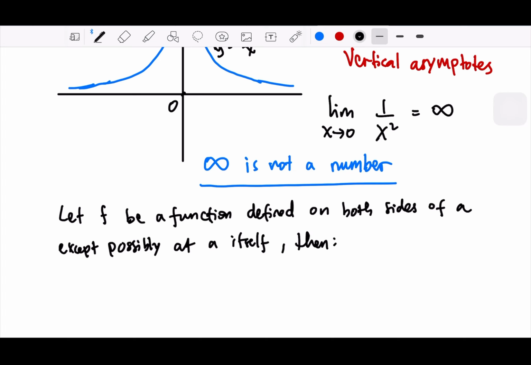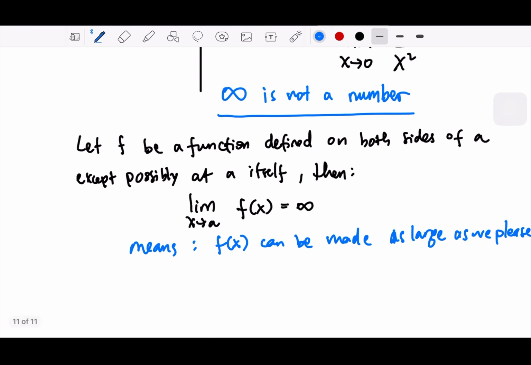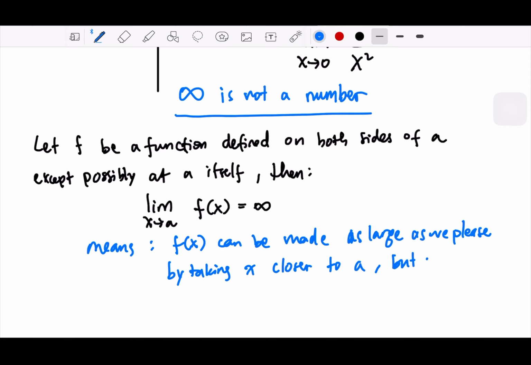Then, the meaning is that f of x can be made as large as we please by taking x sufficiently close to a, but not equal to a.